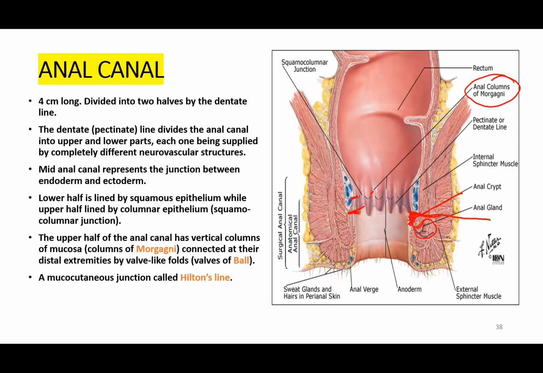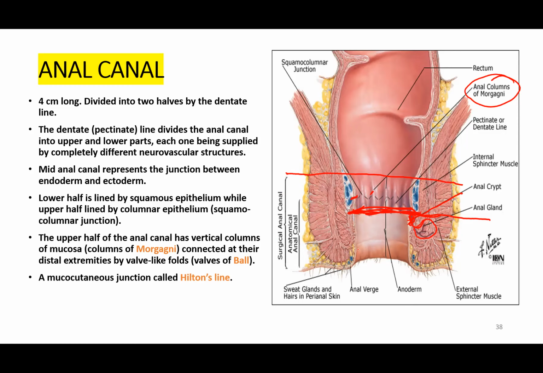Now, there's a mucocutaneous junction called the Hilton's line. Now, just beneath this dentate line, you have the lower half of the anal canal. Okay, if you look at this, it is the entire anal canal, the upper half and the lower half.